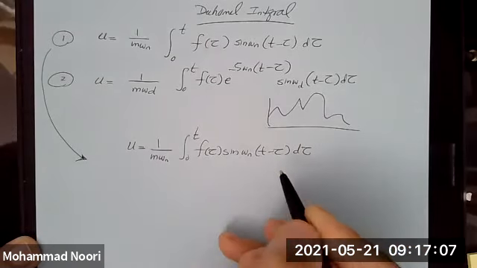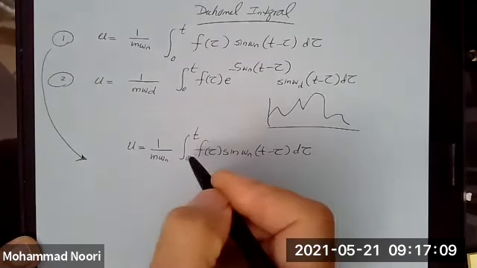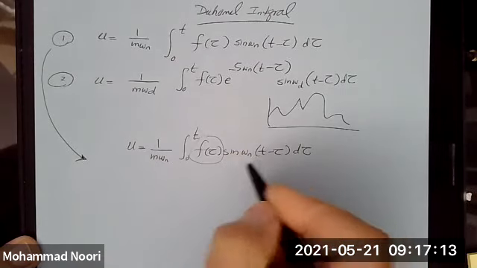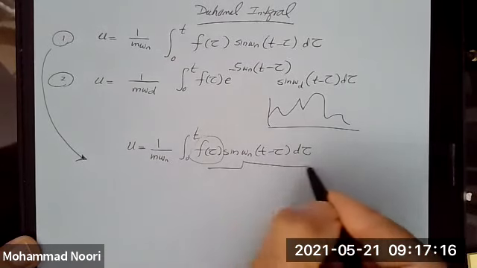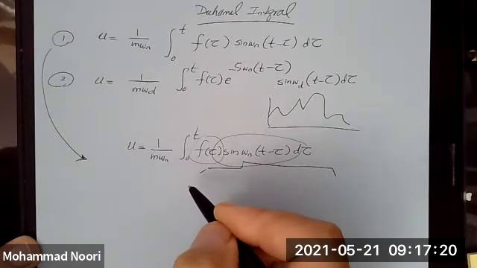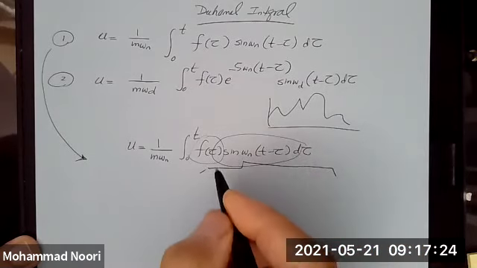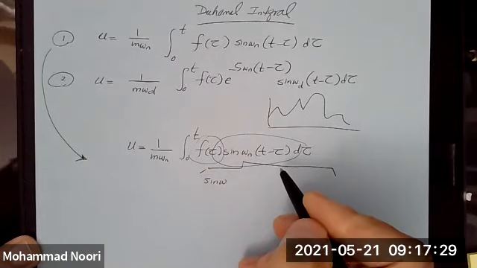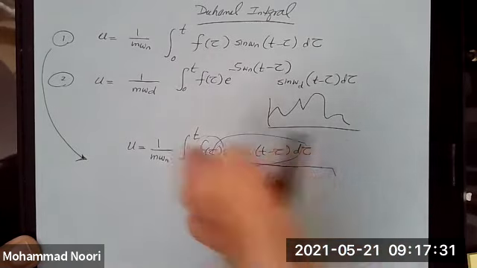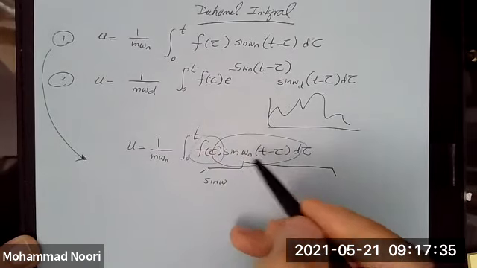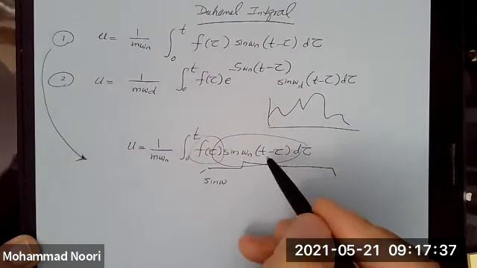Independent of what kind of forcing function you have, first you would replace this sinusoidal function by its trig identity, because you want to separate those components that are a function of t from those that are a function of tau.